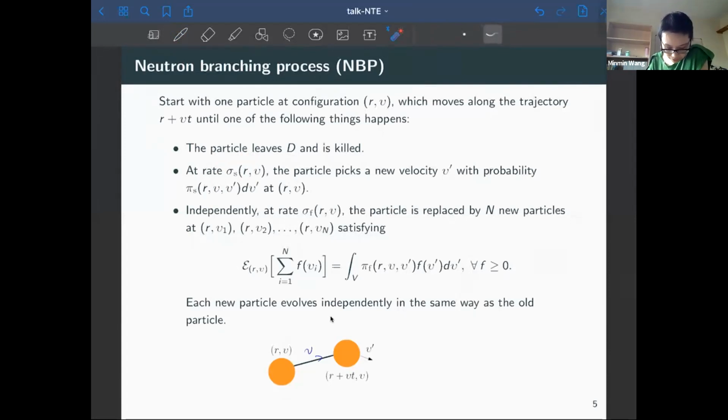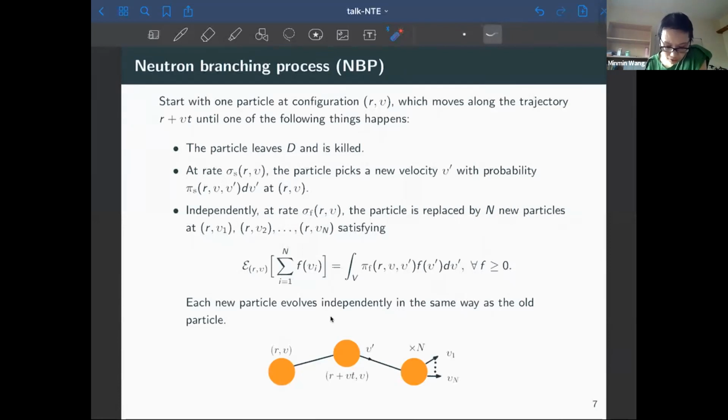So now you have a new velocity, and you carry on your trajectory with it. Another thing that can happen to you is, at rate sigma f, you're going to be replaced by a random number of new particles. Let's say this number is n, and each of these new particles is going to occupy the same physical position as you do, but they can acquire new velocities.